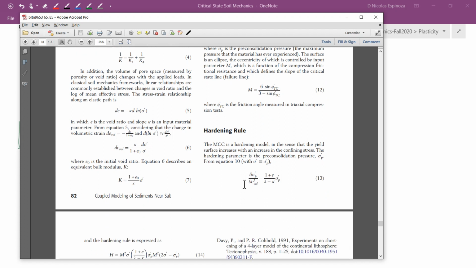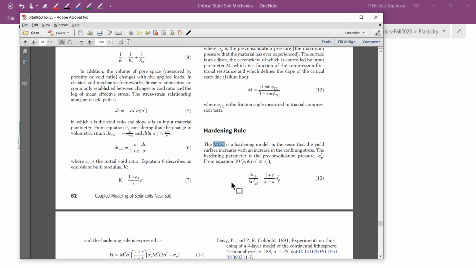It's very similar to what we have used in this lecture, but with different variables for the names. But essentially, it's the same model, the modified Cam-Clay.